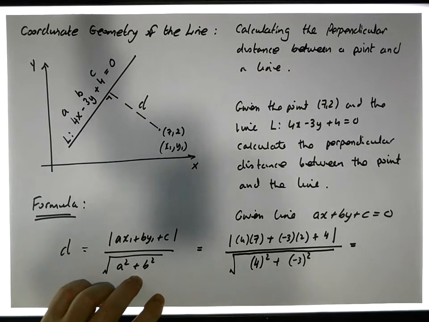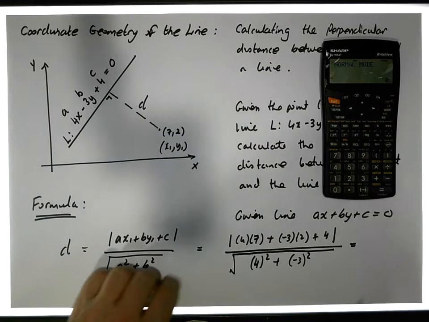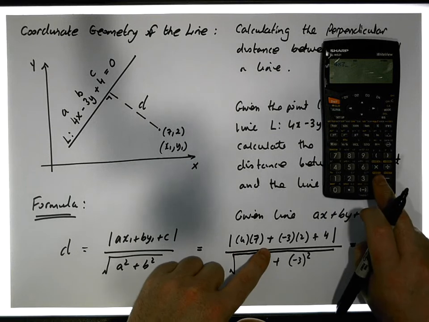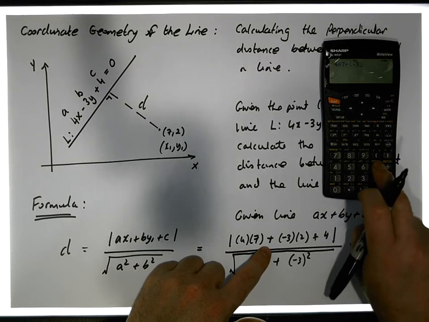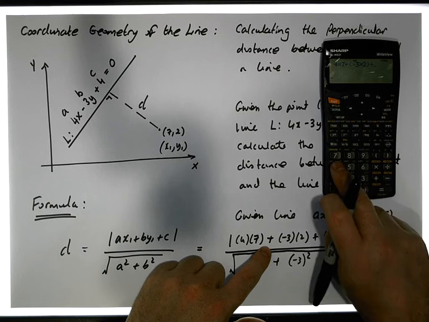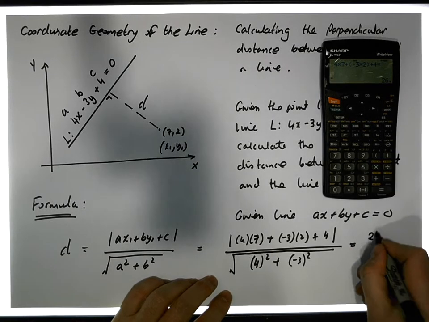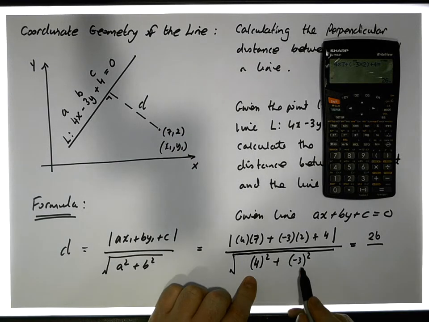So let's just grab our calculator. We have 4 times 7, plus negative 3 times 2, plus 4, which gives us a value of 26 on the top. That needs to be divided by the square root of 4 squared, which is 16, plus minus 3 squared, which is 9. 16 and 9 is 25, so it's the square root of 25.